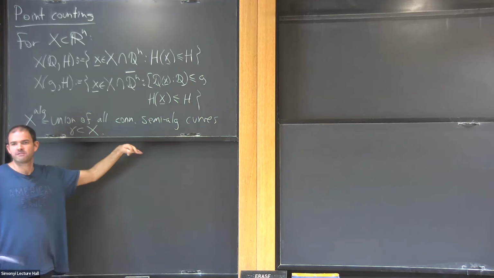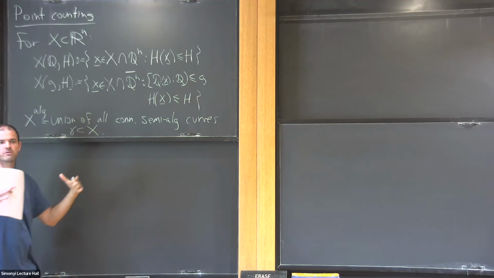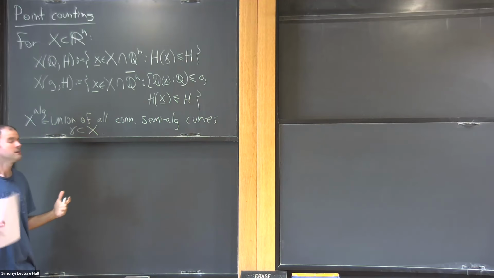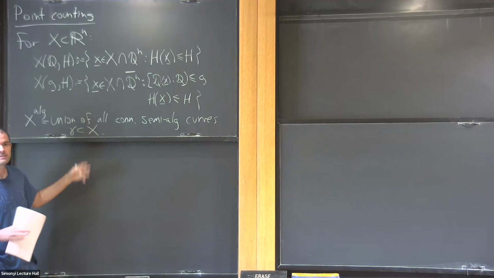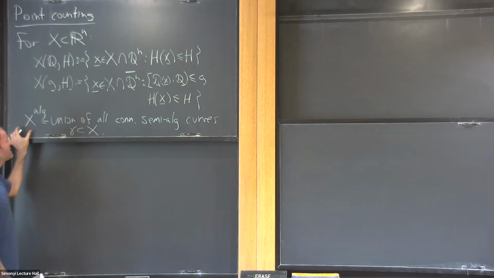I could have written positive dimensional, it doesn't really matter, but you take all the positive dimensional algebraic things that are contained in X and you put them all in this algebraic part. And this could be quite a complicated set in general. It could have infinitely many components.